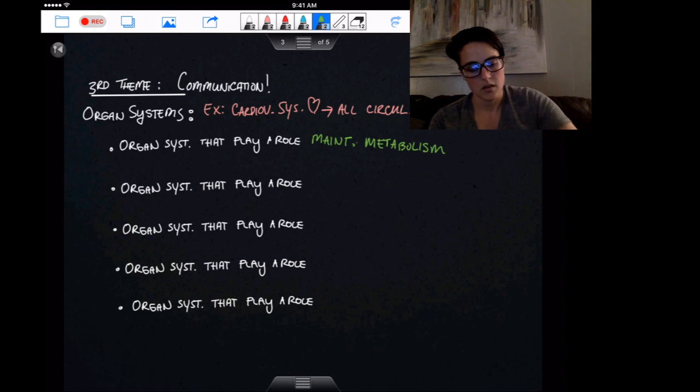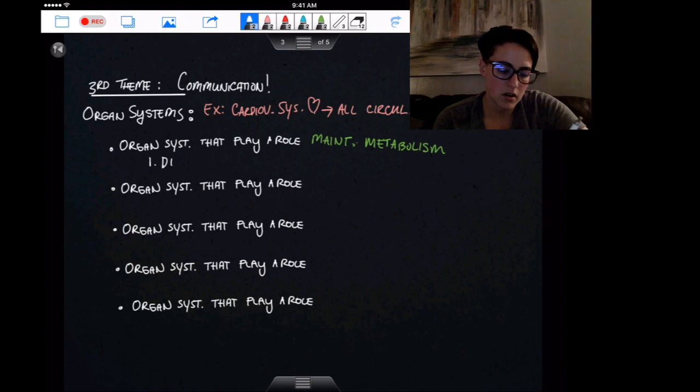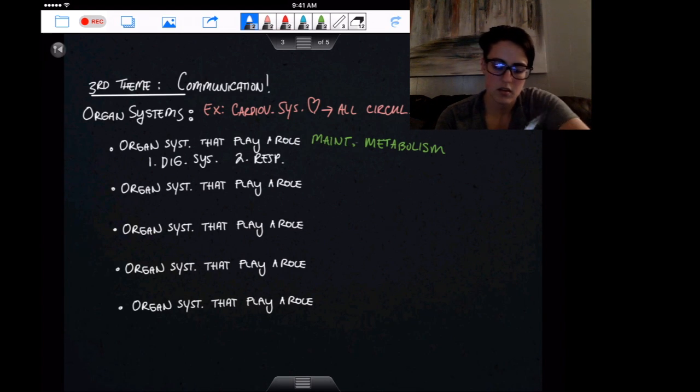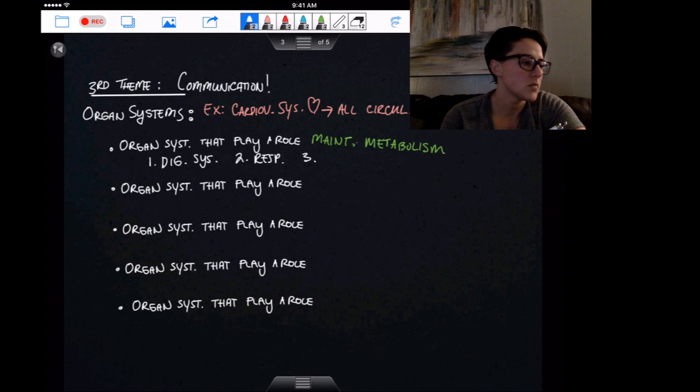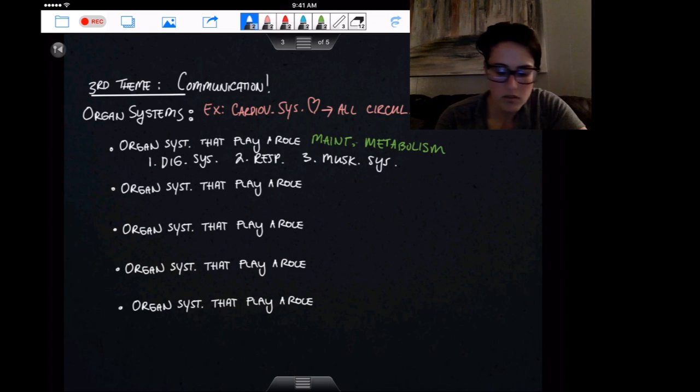Okay. So what would be our first one that comes to mind? Well, we need to eat to maintain metabolism, so our digestive system. The second one would be respiratory. And then lo and behold, our muscular skeletal system. All of those come into play when maintaining metabolism.